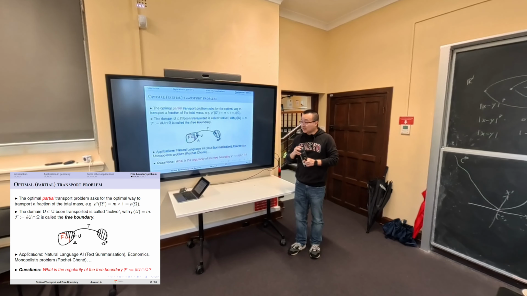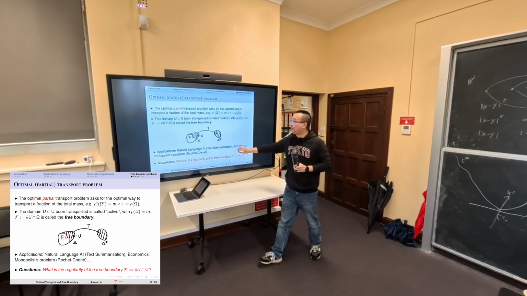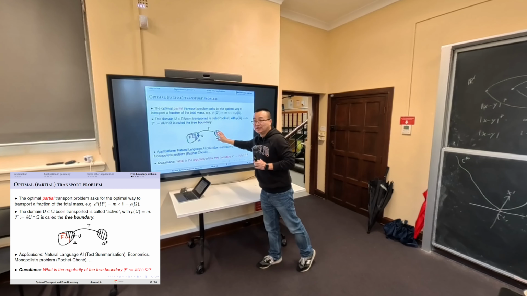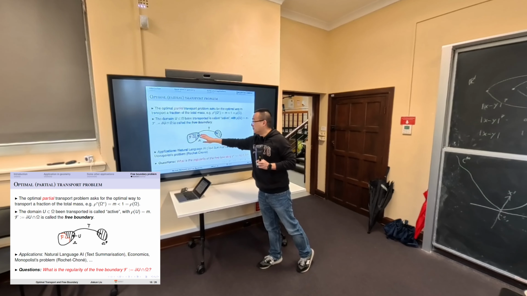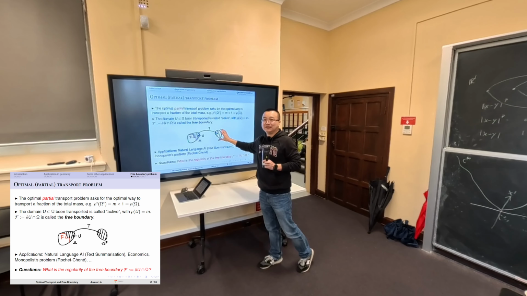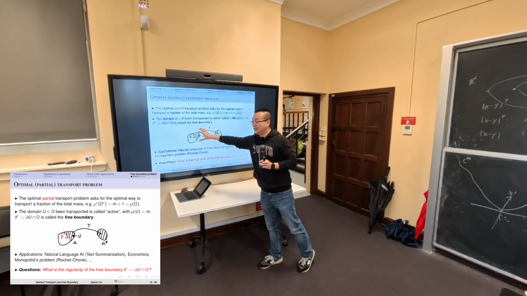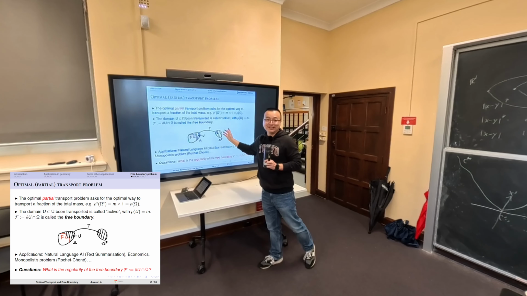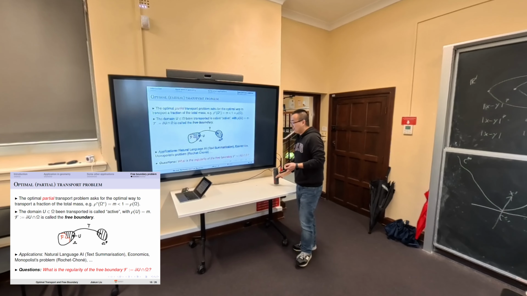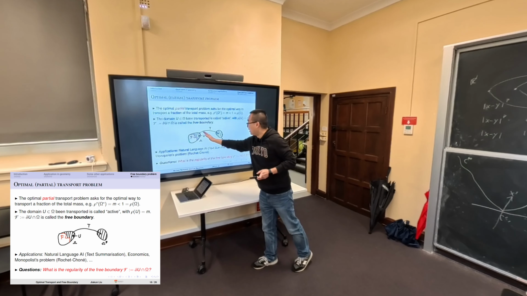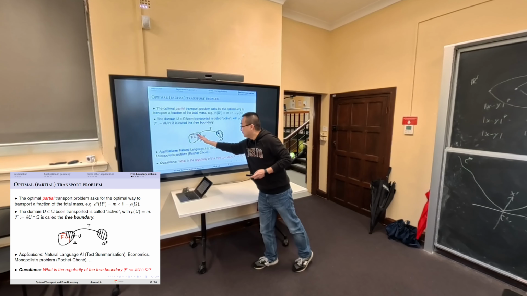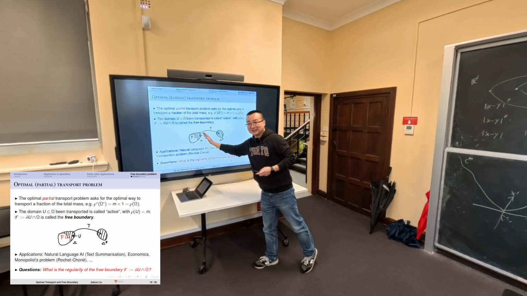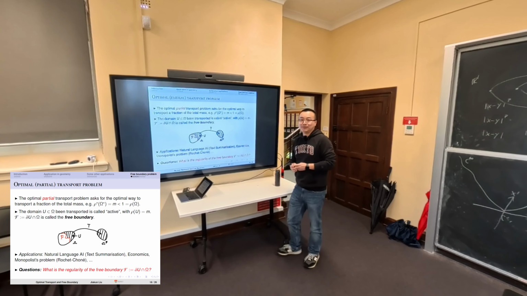Then you have to decide which part is going to be transported and which part is not. In real life, the supply is strictly bigger than your demand. You do not need so much stuff, you only need part of it. Then you have to decide which part goes to omega star and which part stays. So you have to divide into two parts, and the hypersurface is called the free boundary.